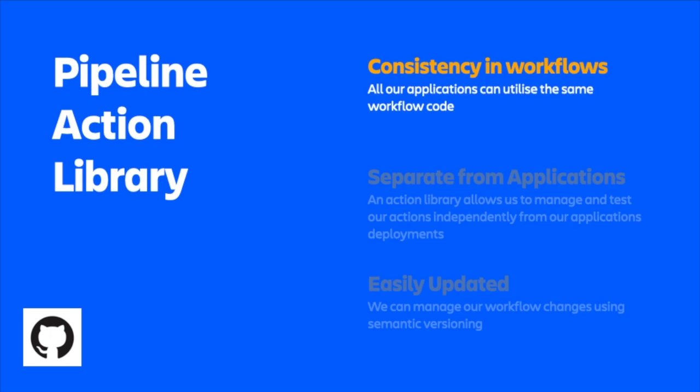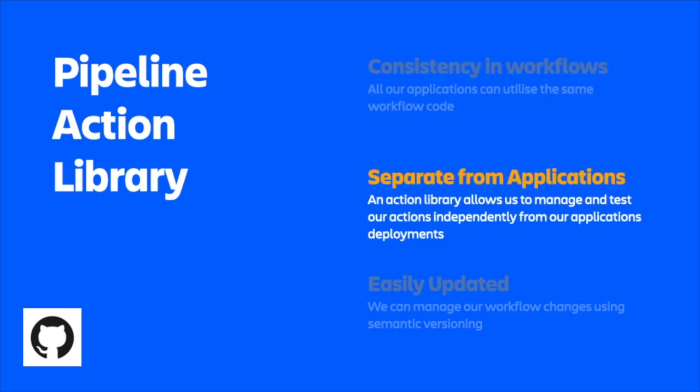This has meant we have consistency in all our deployment pipelines, making it easier to understand and work on as a team. Having separate actions within an internal library allows us to keep our deployment actions separate from the application repositories and reduces the impact on our product teams when we make changes.